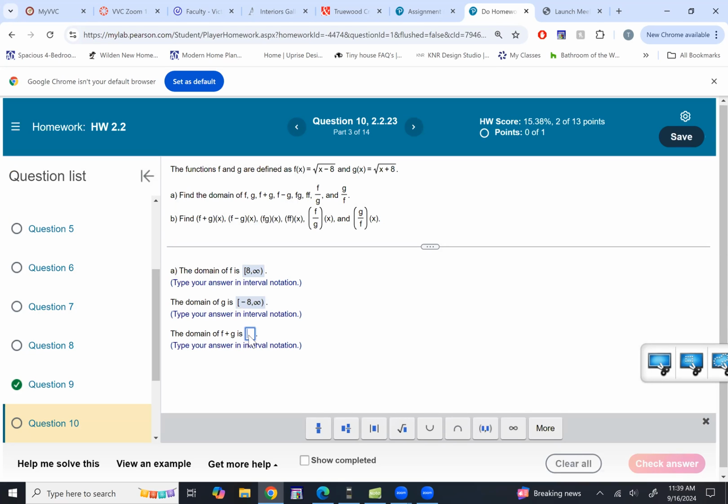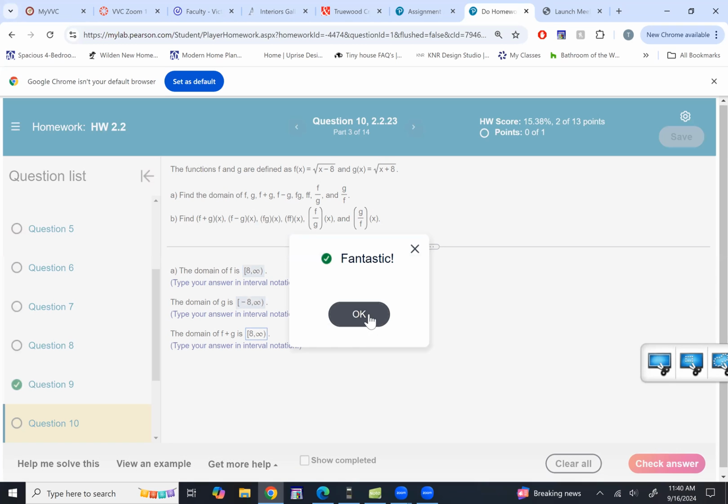We said it was bracket 8 to infinity. I'm going to copy that real fast.